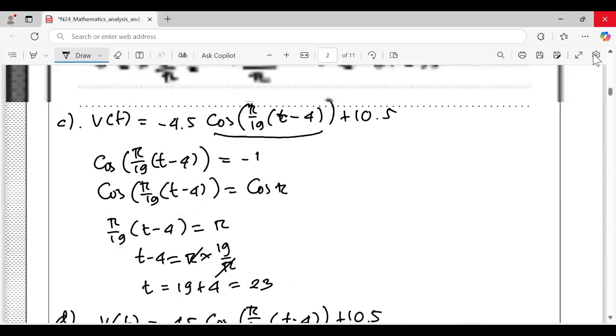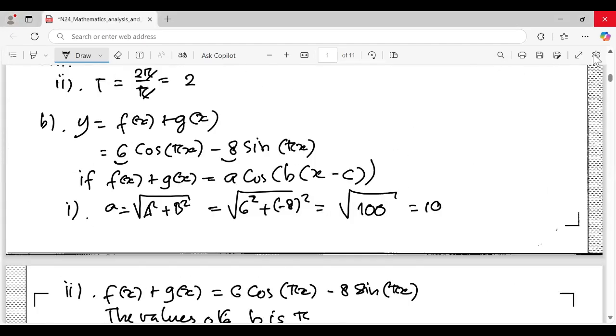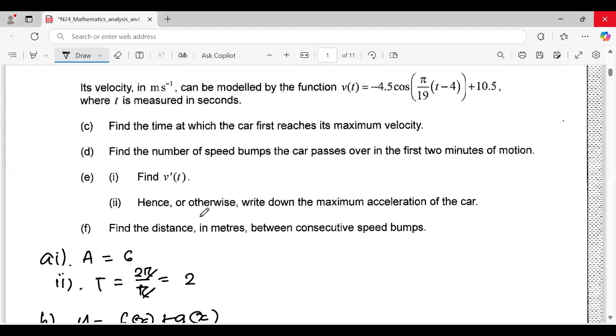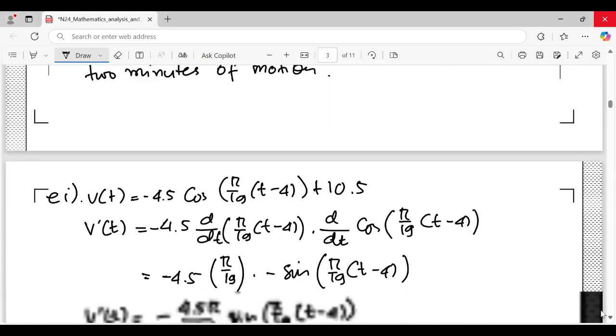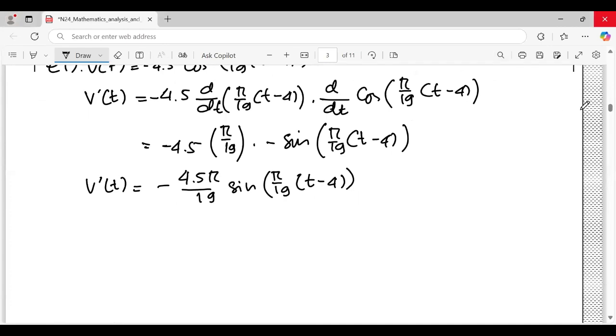Next, hence or otherwise, write down the maximum acceleration of the car. To find the maximum acceleration, we need to determine the maximum value of the derivative of V(t).